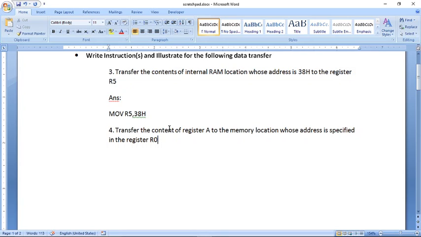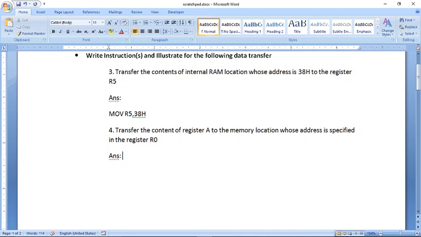Here goes one more question: transfer the contents of register A to the memory location whose address is specified in the register R0. Again, identify what operation is to be performed and what opcode is to be used.